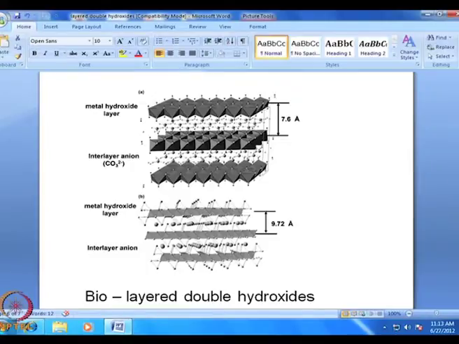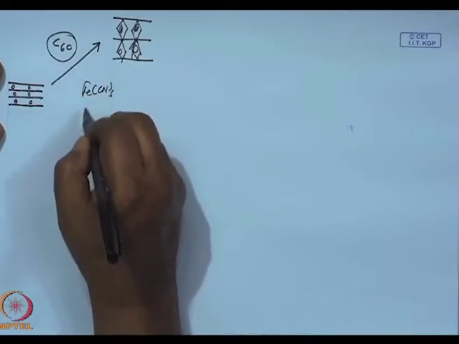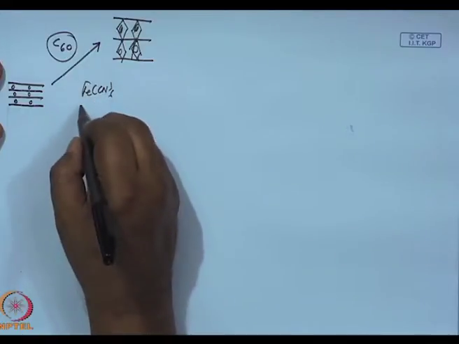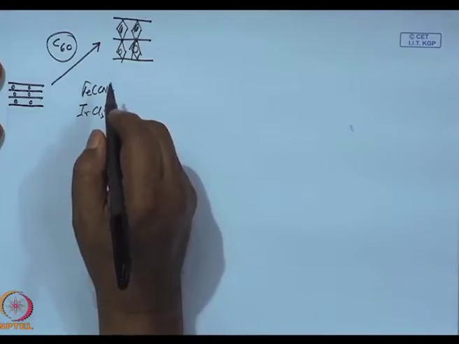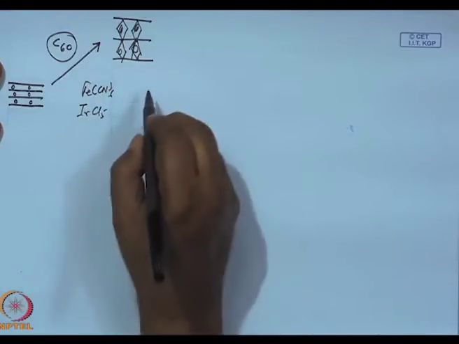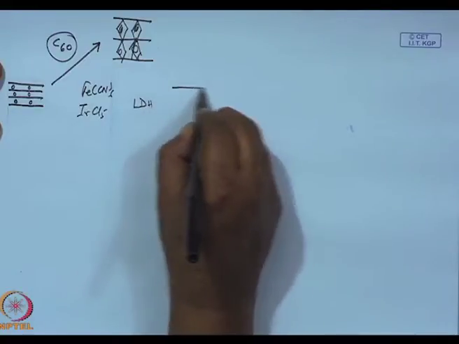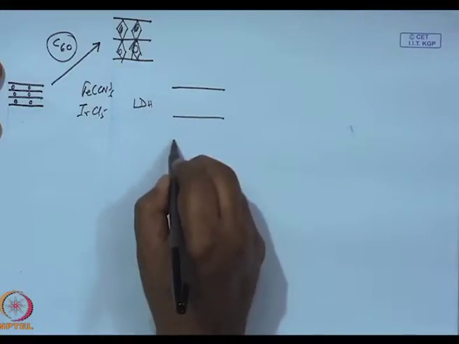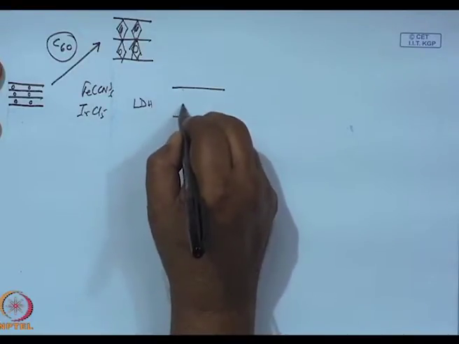We could also use materials like ferrocyanides, iridium chlorides, all of this in these layered double hydroxides, so that we have electrodes.